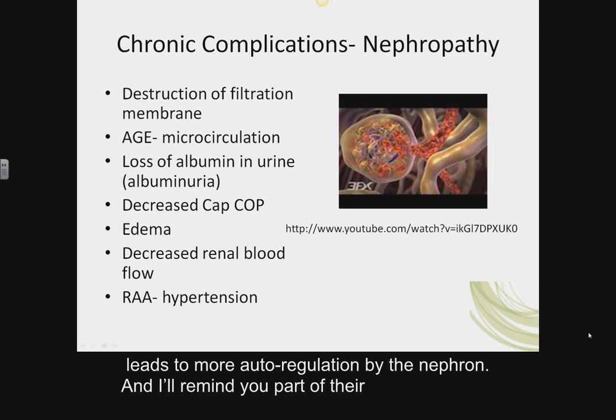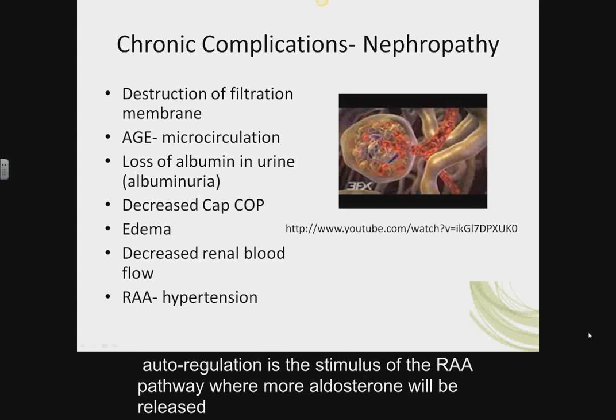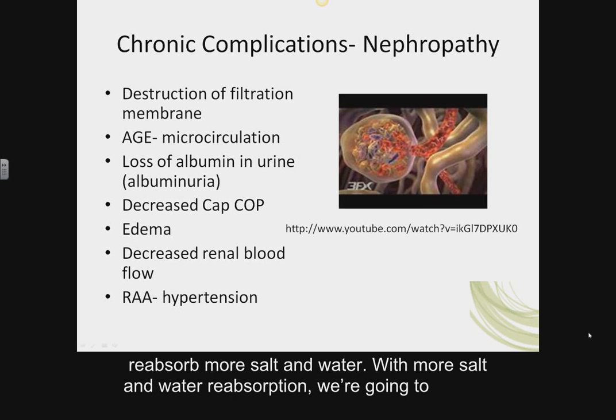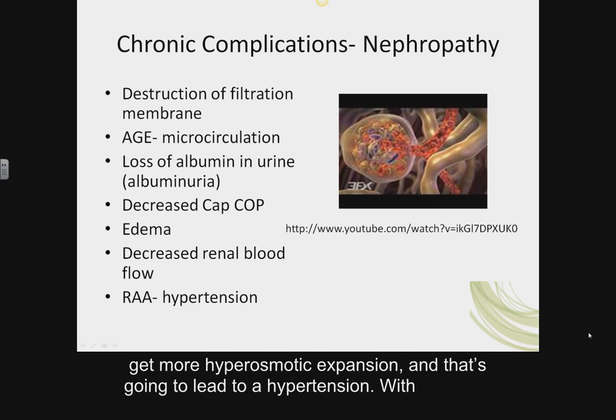And I'll remind you, part of the autoregulation is the stimulus of the RAA pathway, where more aldosterone will be released, and that stimulates the late distal convoluted tubule cells, the principal cells, to reabsorb more salt and water. With more salt and water reabsorption, we're going to get more hyperosmotic expansion, and that's going to lead to hypertension.